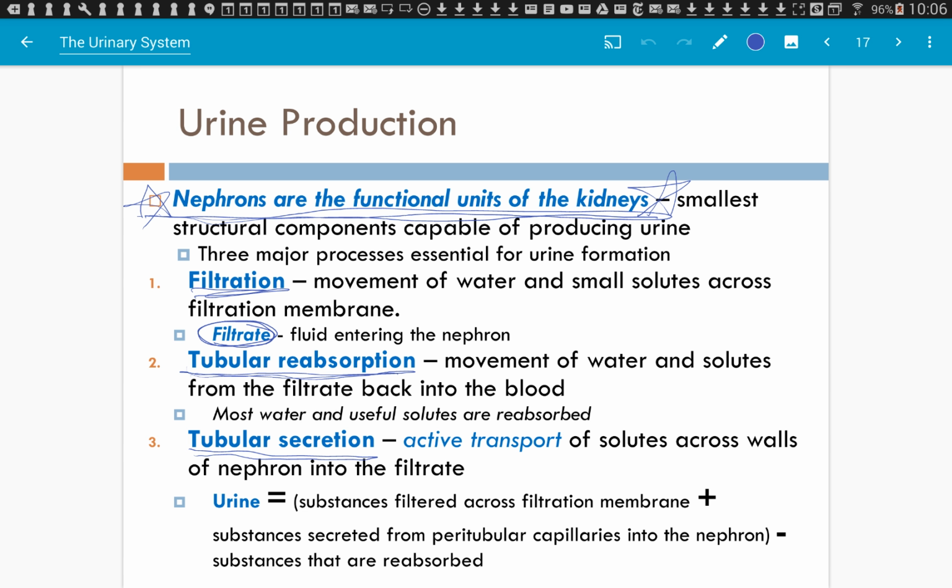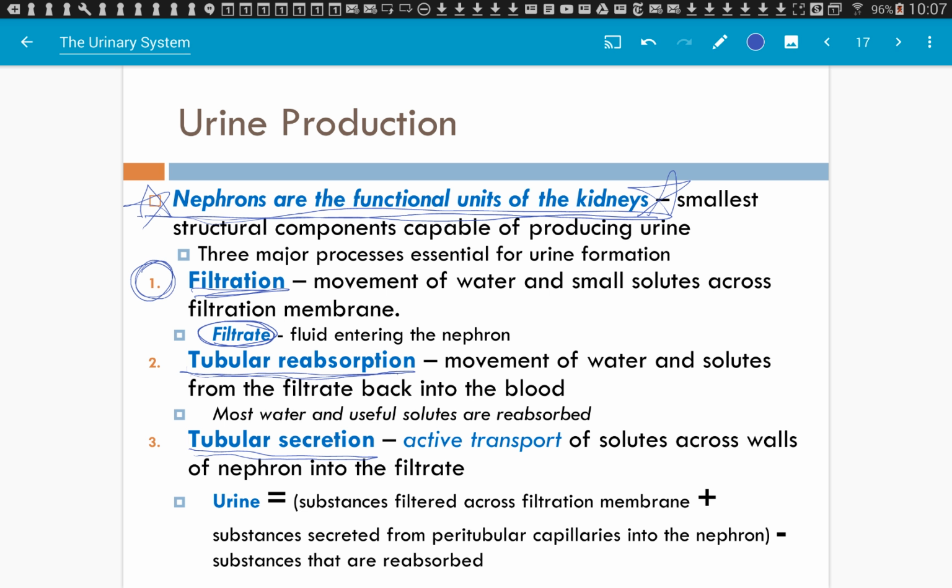Okay? And so there are three major processes that occur in the nephron, and then we will go through each of these processes separately. So you have filtration, and filtration is happening right there at the beginning at that Bowman's capsule.